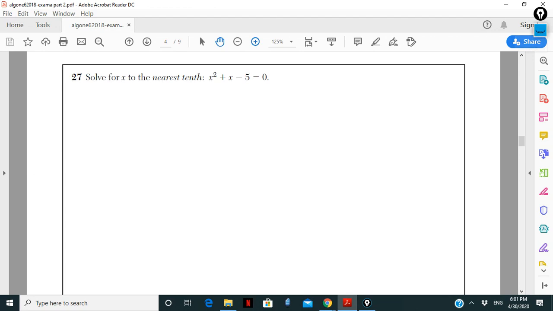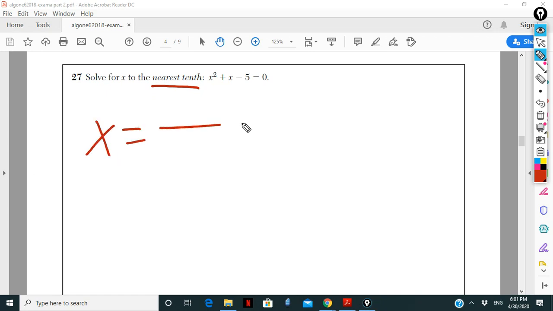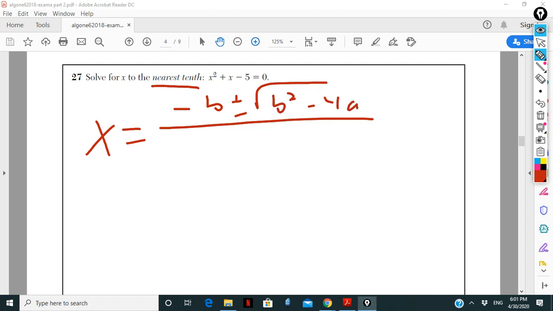Question number 27. When you observe that nearest tenth, the better way is to use the quadratic formula: x equals negative b plus or minus the square root of b squared minus 4ac, divided by 2a.